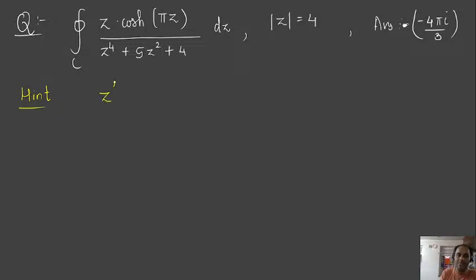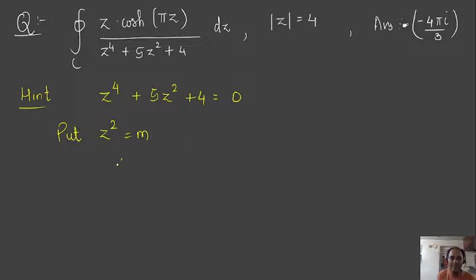firstly, when you put z raised to 4 plus 5 z square plus 4 equal to 0, it is a biquadratic equation, and to solve this question you will need either the help of a calculator, or you can easily put z square equal to m.